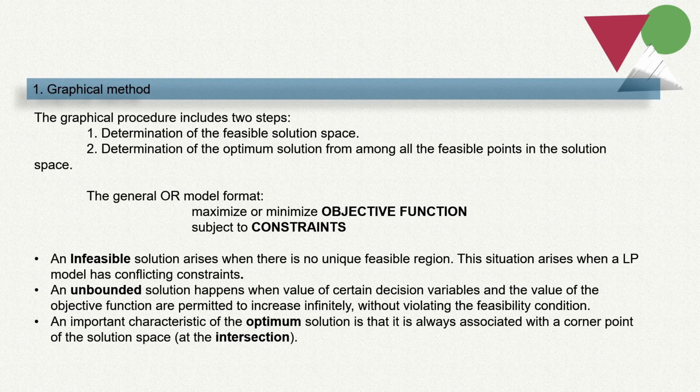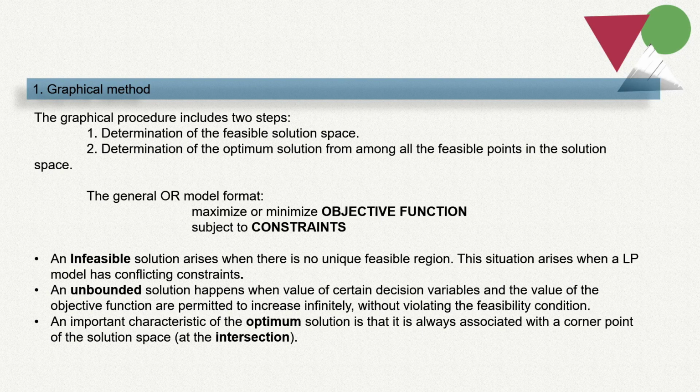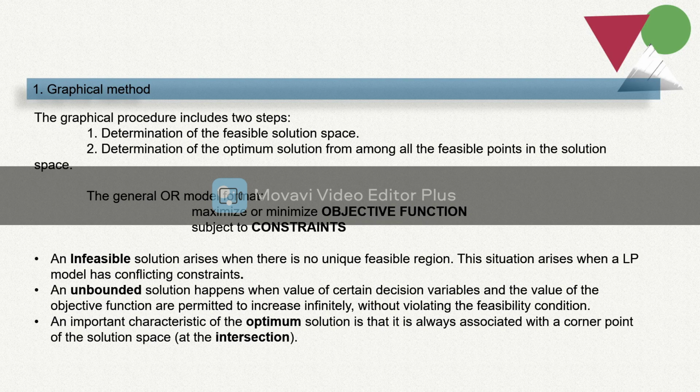An unbounded solution happens when the value of certain decision variables and the value of the objective function are permitted to increase infinitely without violating the feasibility condition. An important characteristic of the optimum solution is that it is always associated with a corner point of the solution space, that is, at the intersection when you represent them graphically.